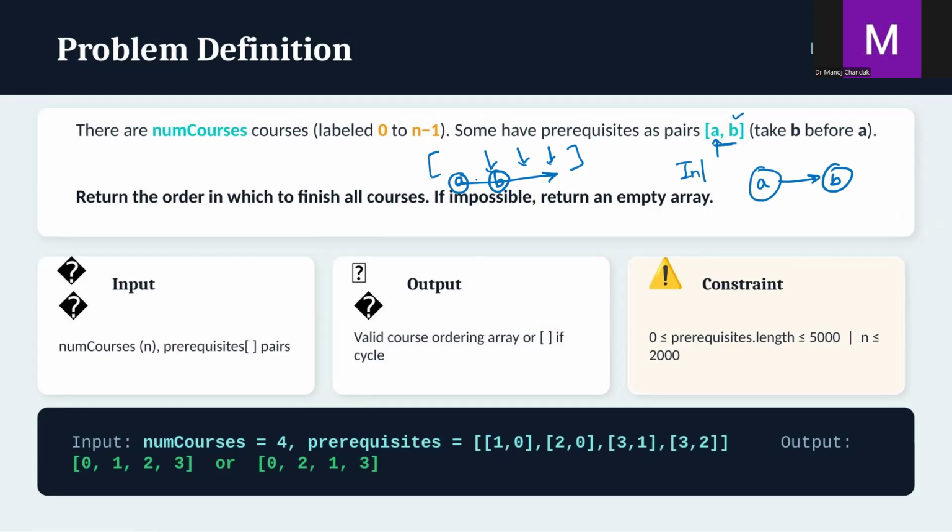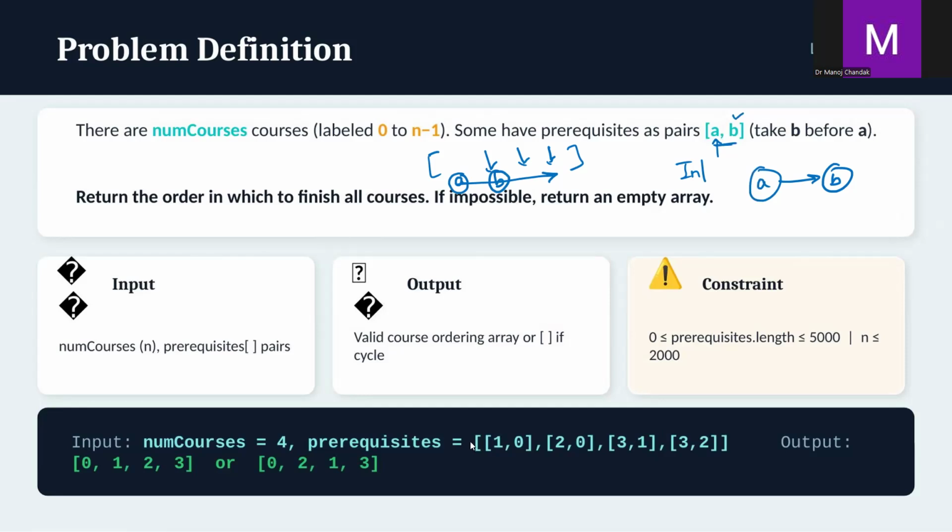So this is the idea, and we are assuming that we have four courses, and for these four courses there is some prerequisite already defined: there is no prerequisite for course 0, but for course 3 the prerequisite is 1, and for course 3 the prerequisite is also 2. It means that you cannot take course 3 before you have completed course 1 and 2.